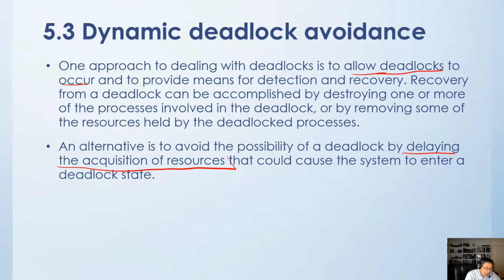If it does, then we just delay this acquisition, saying no, you don't take that resource. We will eventually grant the acquisition, but not at this moment. So we delay the acquisition.